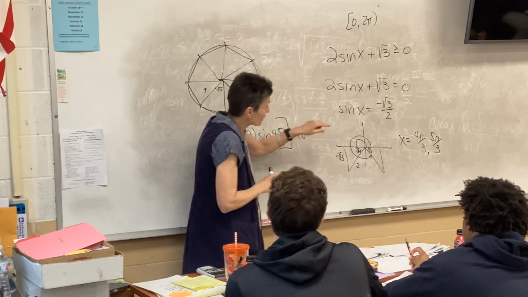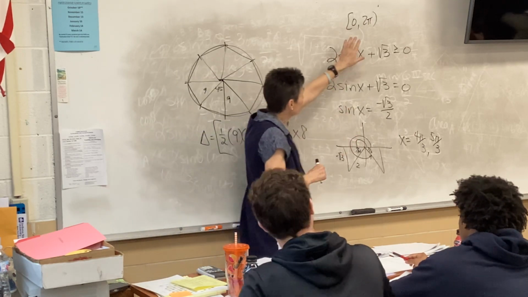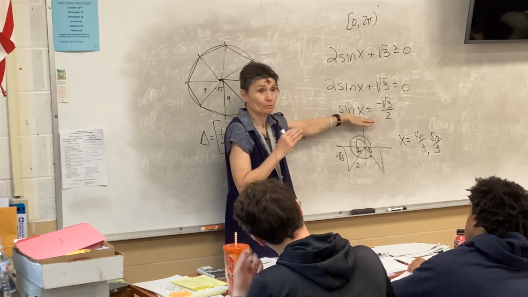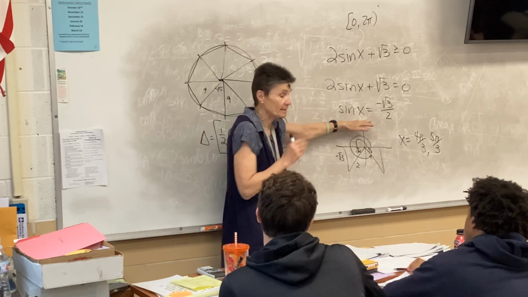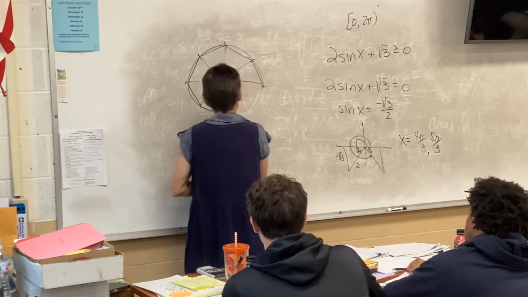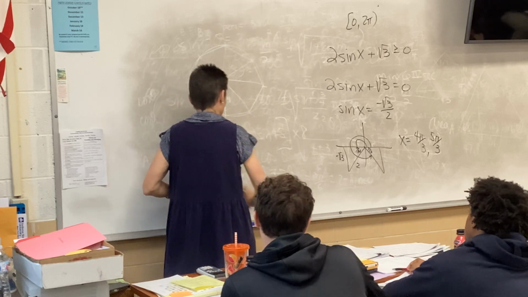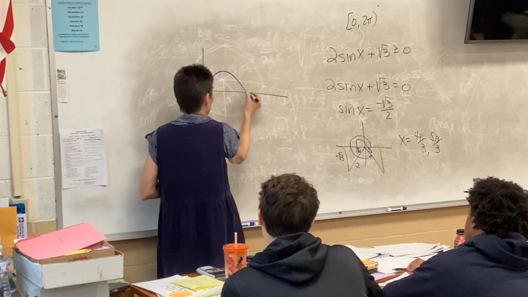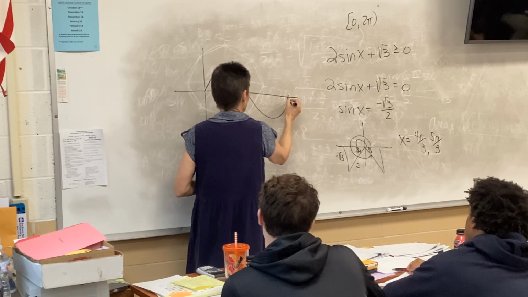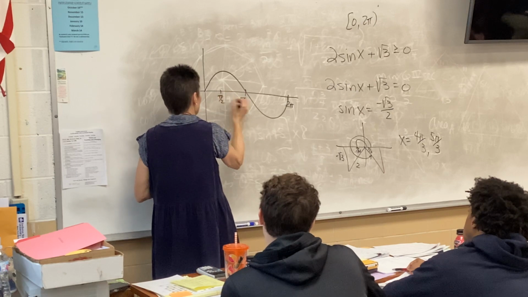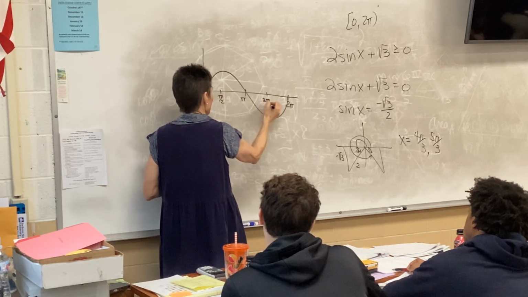But those are the 2 angles in this interval where the sine is exactly negative root 3 over 2, right? So I'm going to look at my sine curve for a minute. Going from 0 to pi over 2, here's my sine curve, or 2 pi. Just my regular old sine curve.